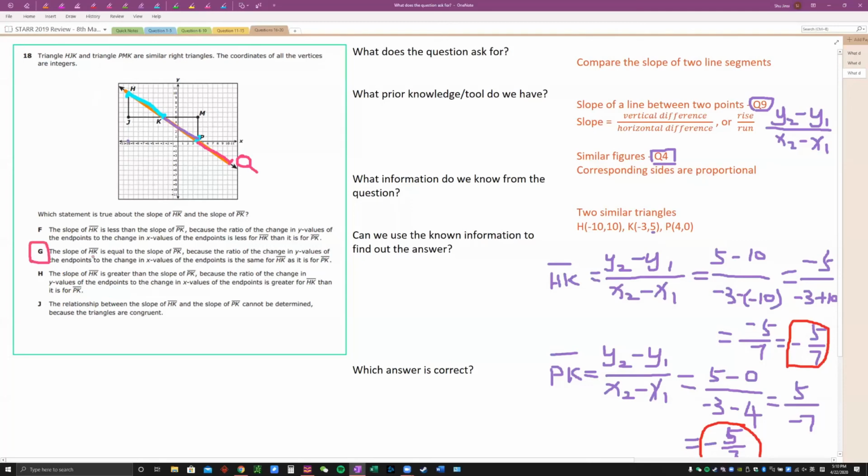The slope of line HK is equal to the slope of PK, because the ratio of the change in y value, their vertical difference, to the change in their x values, the x2 minus x1, the horizontal difference, are the same for these two lines. So the answer is G.